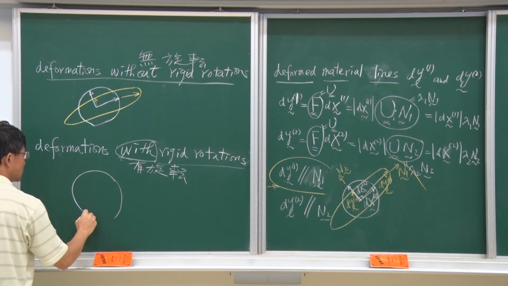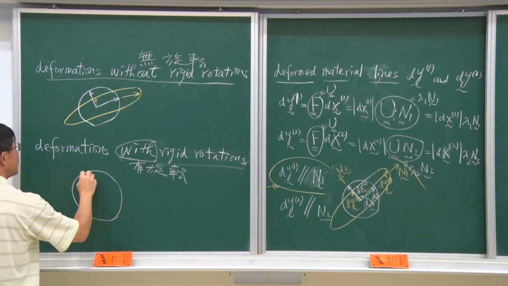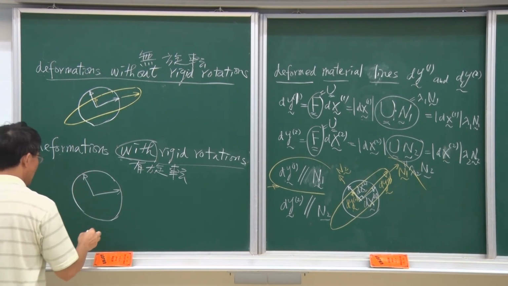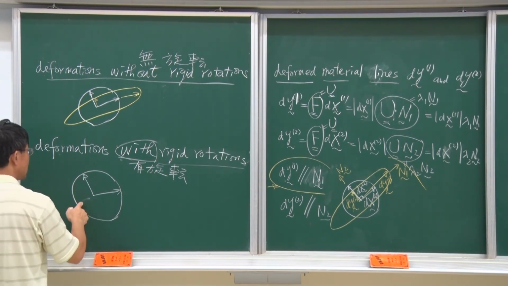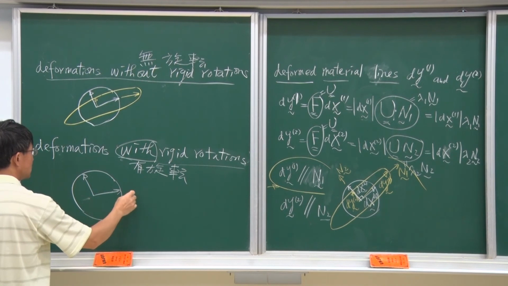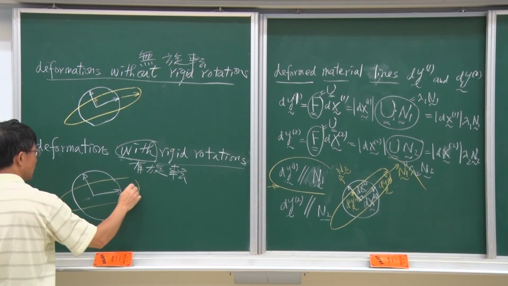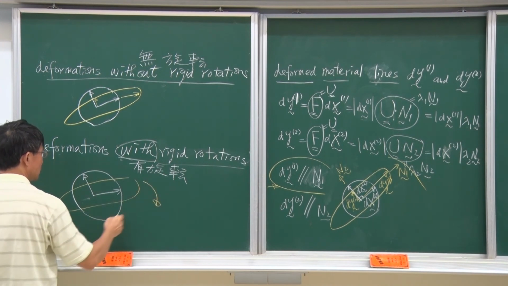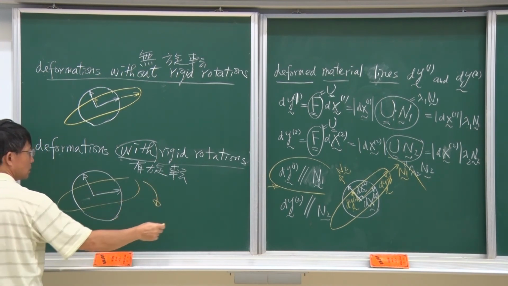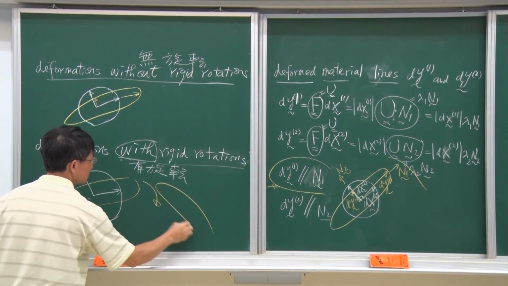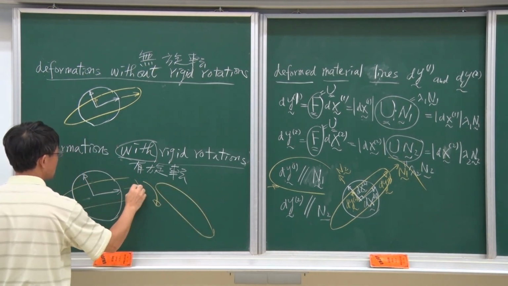Now I show you another situation where we have rigid body rotation. We have it like this. These two material lines deform into like this, and then rotate into what? Into like this.